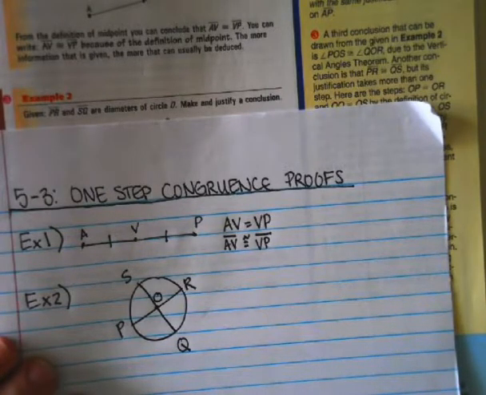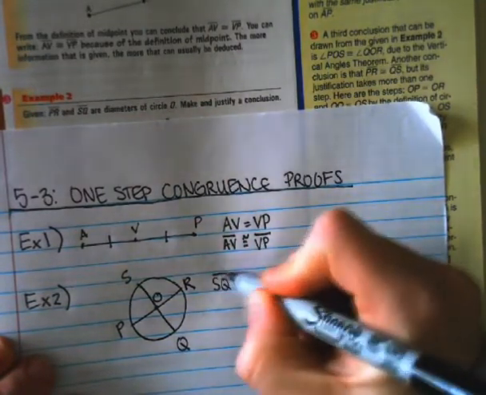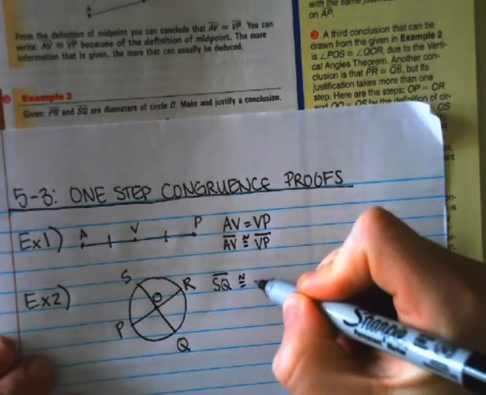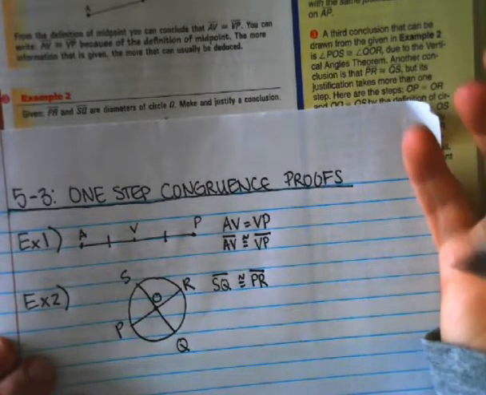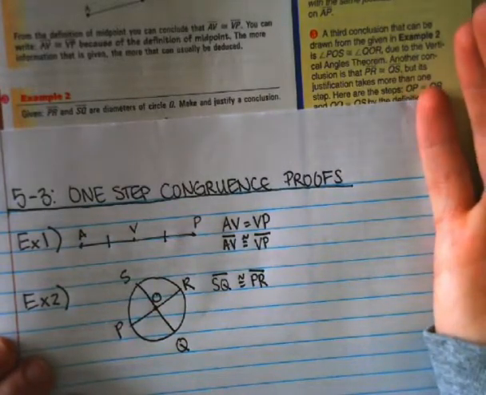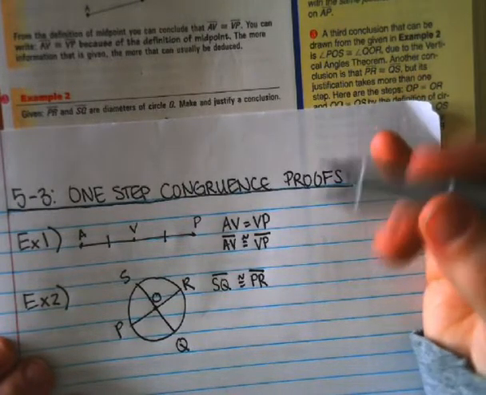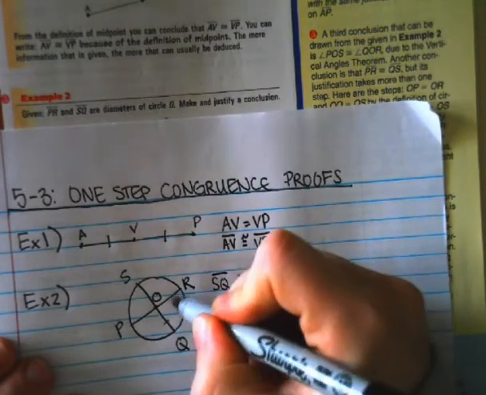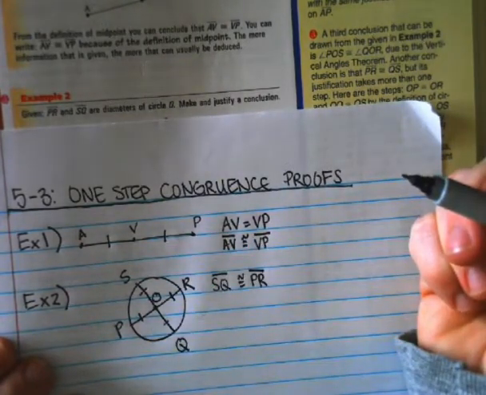What can you conclude about this, and how can you conclude those things? Well, we could start with something simple like SQ is congruent to PR, and we know that's because they're both diameters, and so diameters would be congruent. A little bit more, we know these are all radii, so I think we could get something there.